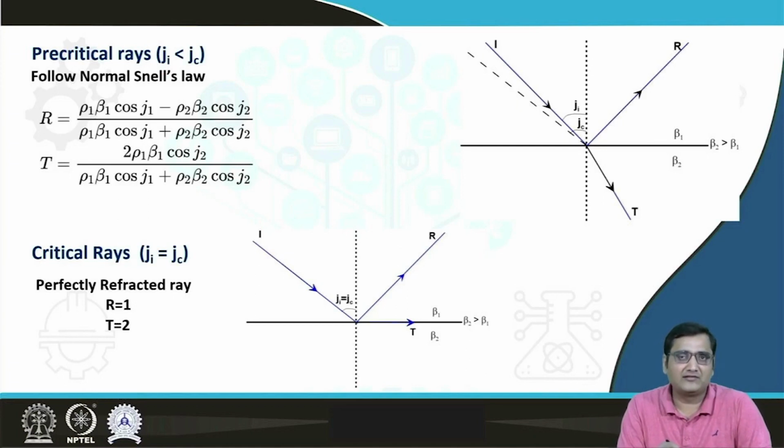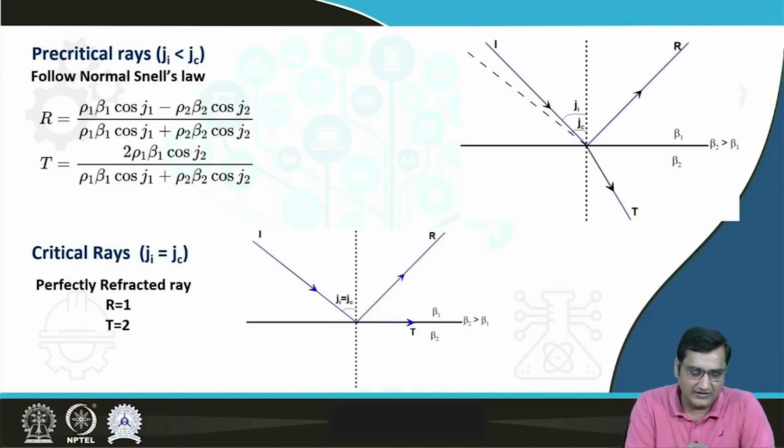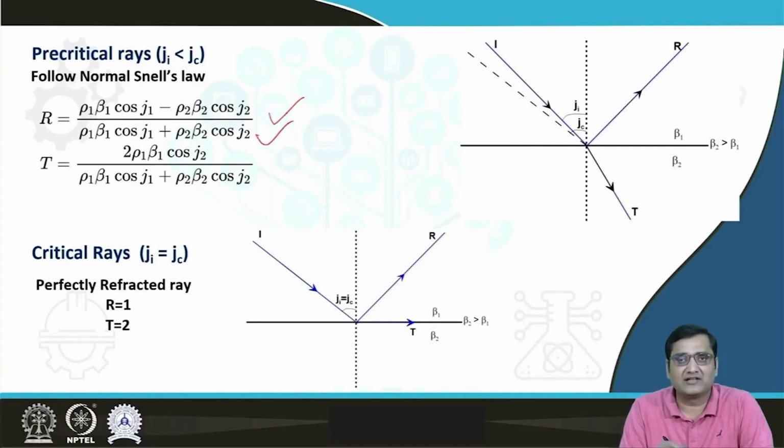We have seen in the previous class that the reflection and the transmission coefficients had expressions something like this. We derived this expression in the previous class for the SH wave. So the reflection coefficient we got was in terms of rho1 and beta 1.